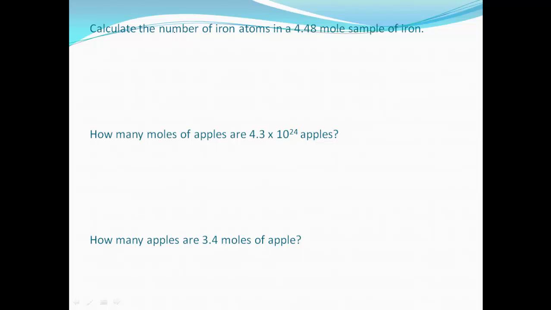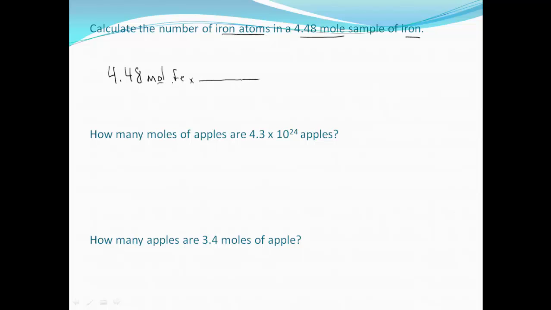Okay. The first problem says calculate the number of iron atoms in 4.48 moles of iron. So as you know, with dimensional analysis, we're always going to start with the number and the unit. We'll draw our times sign and then our fraction sign.